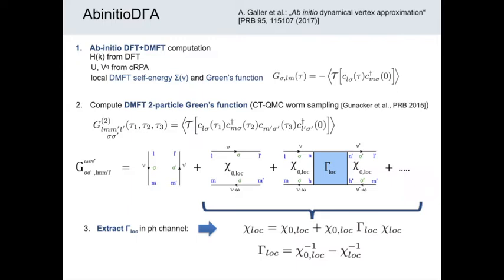So I need to extract it from this two-particle Green's function, which is measured in the DMFT impurity solver. And you can see that in terms of these simple equations down there, right? So I extract this Γ-loc from my DMFT impurity problem simply by measuring, it's not simple, but measuring not only the one particle Green's function of the DMFT impurity problem, but also the two particle Green's function.